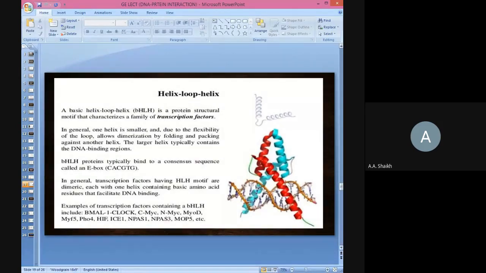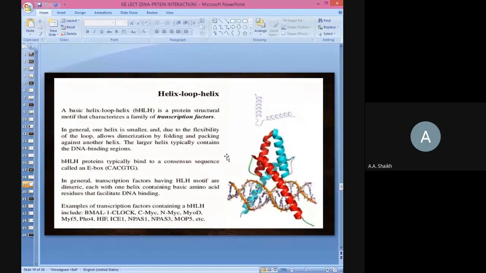This structure showcases the ability to interact with a proper sequence at a proper position, the way the leucine zipper interacts with the DNA at a proper position or sequence. The consensus sequence here is the E-box.